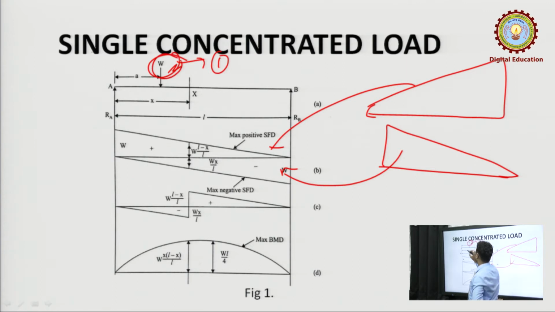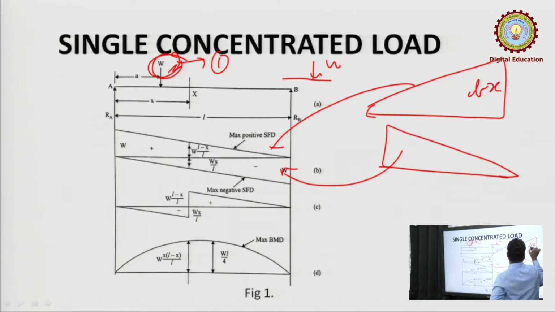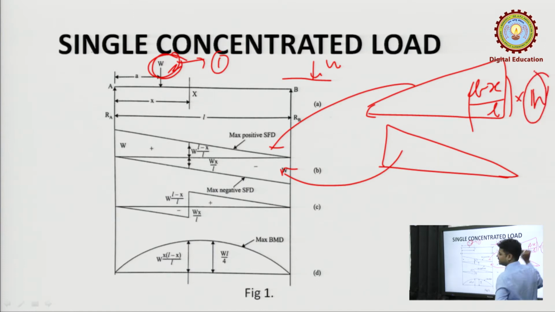Here a proper rolling load is given, which is W. In the influence line we took L minus X upon L into unity, but in this case we take W instead of unity.